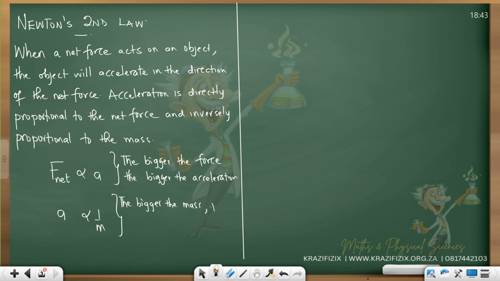Bigger the mass, the smaller the acceleration.